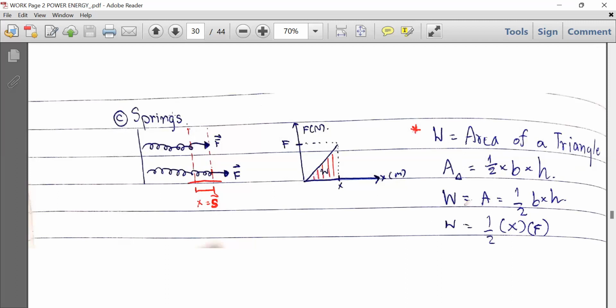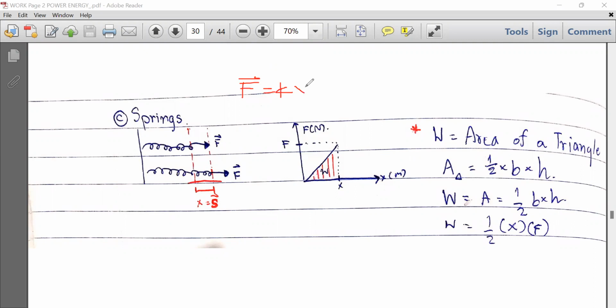And don't forget Hooke's law. Remember, we discussed in the previous lesson that F is equal to Kx. Okay? Let's recall that because it's important. Hooke's law. According to Robert Hooke, the proponent of Hooke's law, the force is equal to Kx.